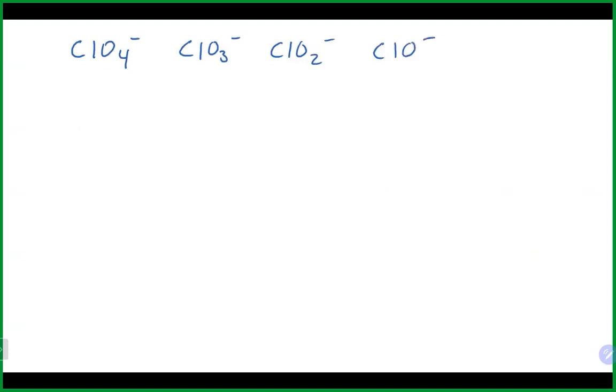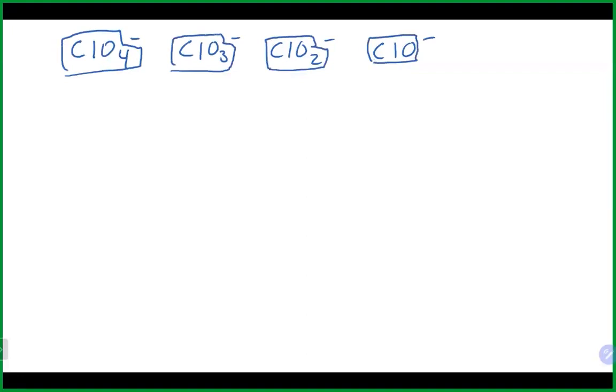So all these are related to each other. They all basically have a -1 charge. The only difference is the number of oxygens in each of them. So all these guys are all -1s.